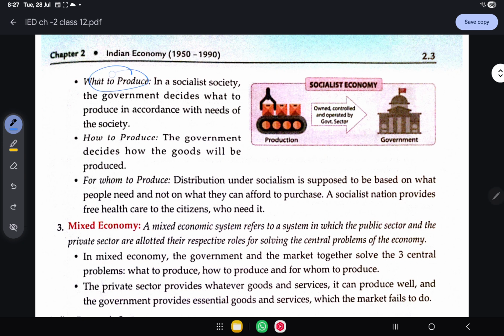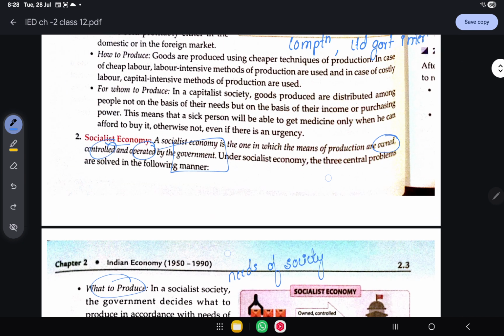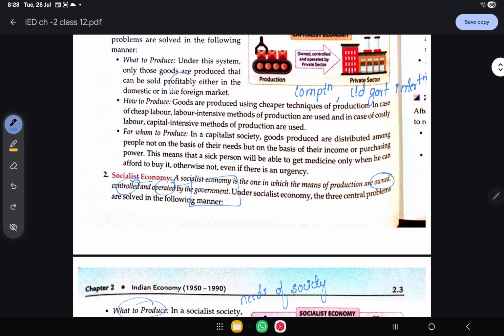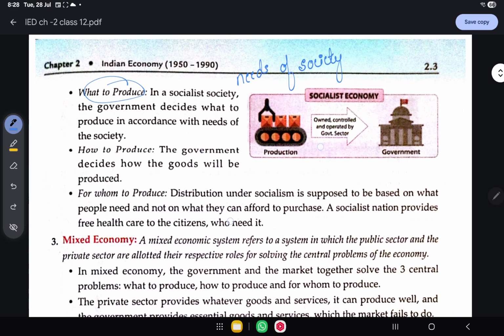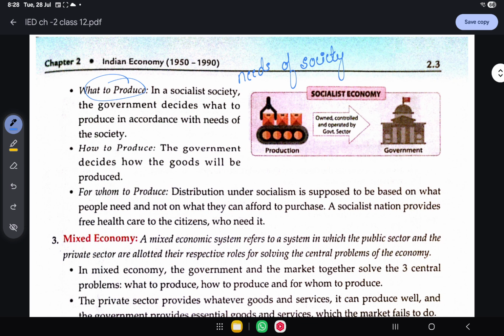When it comes to what to produce, the government will decide what goods should be produced based on the needs of society. But in the capitalist economy, they produce goods by looking at profit. In a socialist economy, the government will decide on the goods that are a real necessity for society.